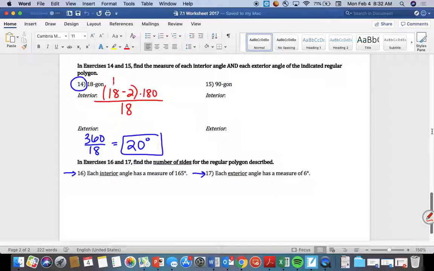Who can raise their hand and tell me what 16 times 180 is? Someone help me out. Aaliyah? 2,880. And then divided by 18. Are we getting 160? Hopefully.